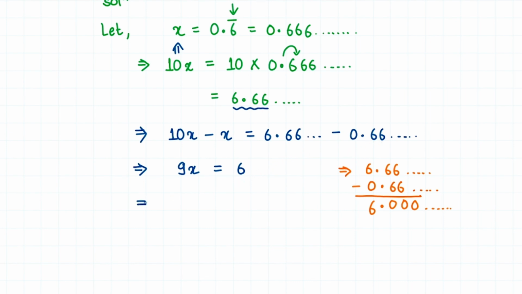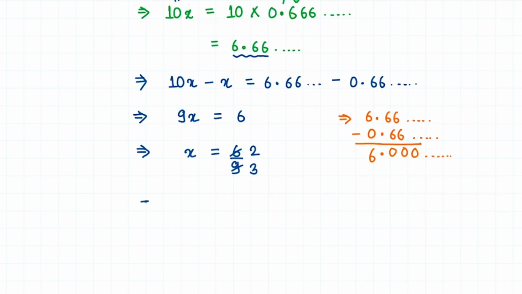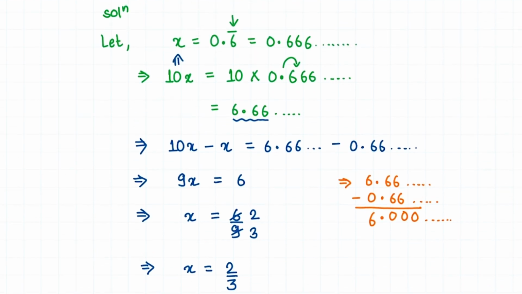Now, when we move that 9 over to the other side, we get x equals 6 divided by 9. Now, we can cancel with 3, since 3 times 2 is 6 and 3 times 3 is 9. So we get x equals 2 divided by 3. Remember that x is our 0.6 bar, which we assumed in the beginning.